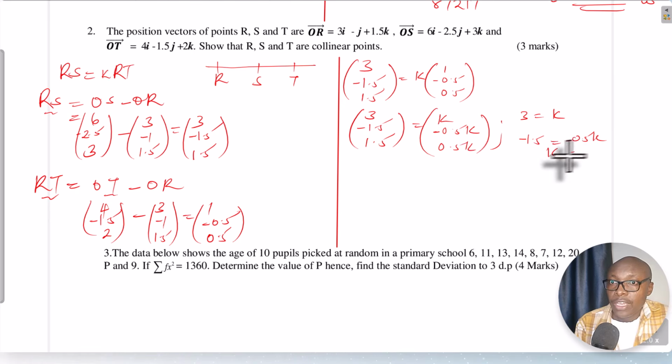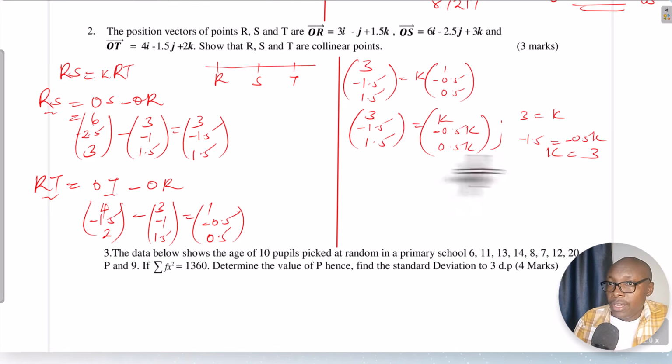So what will k be here? k will be 1.5 divided by 0.5. You can see that this gives 3.